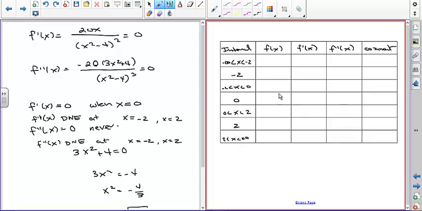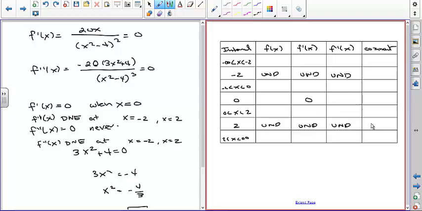And so what do we know so far? We know that the first derivative is 0 here, and we know that the first and second derivatives are undefined, as well as the function is undefined at negative 2 and positive 2.